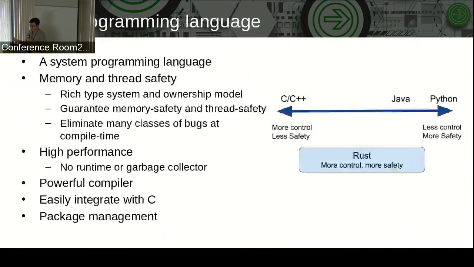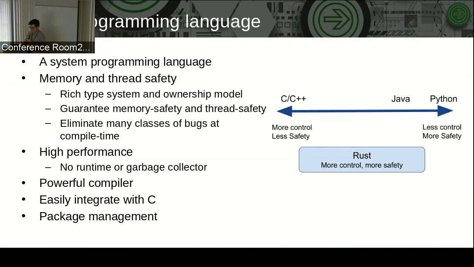So what is Rust? Basically, Rust is a systems programming language with many features, but in this talk we mainly focus on memory safety. It provides memory safety without sacrificing performance. You can think of C or C++ as languages that have more memory control but are less safe.